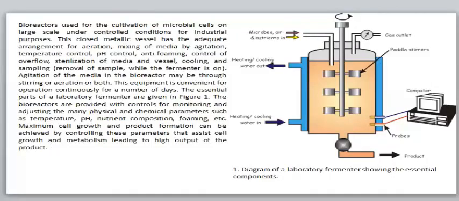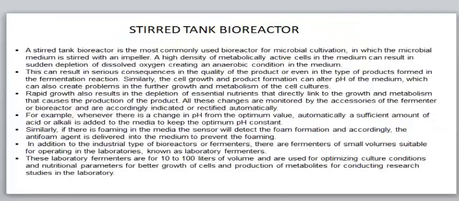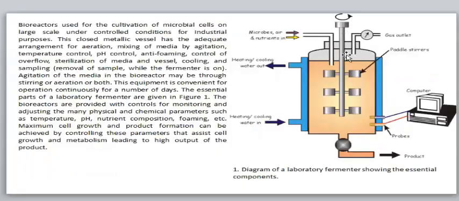Now, the most common type of fermenter which is used for the production of metabolites or certain kinds of products is the stirred tank bioreactor. It is nothing but a vessel with a stirrer. The stirrer, as we see in the back slide, this is the stirrer, this is the shaft.